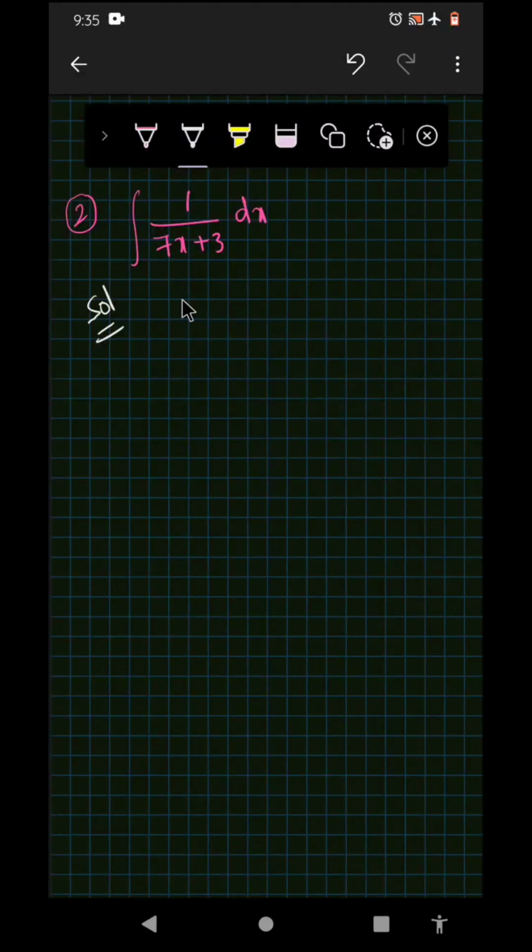Next problem, integration of 1 by 7x plus 3 dx. To solve this, substitute 7x plus 3 as t.